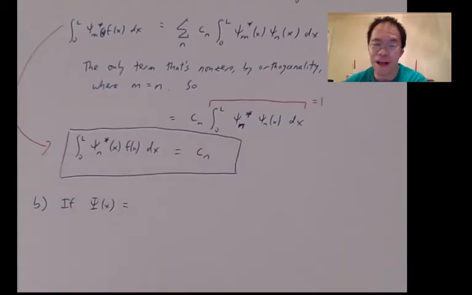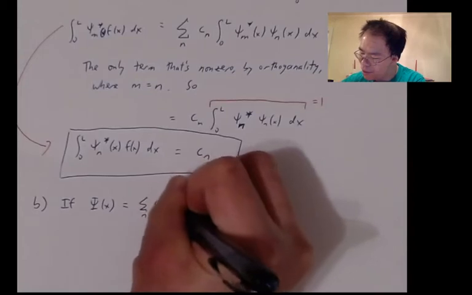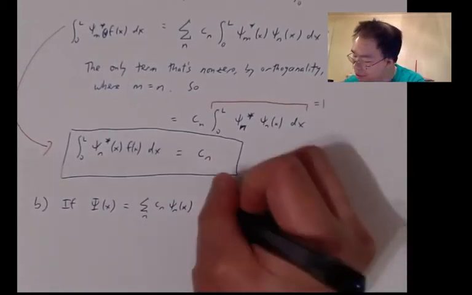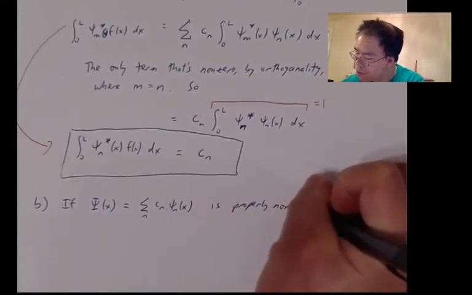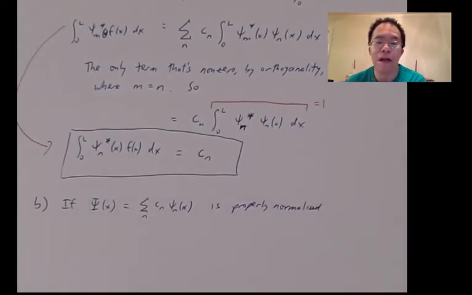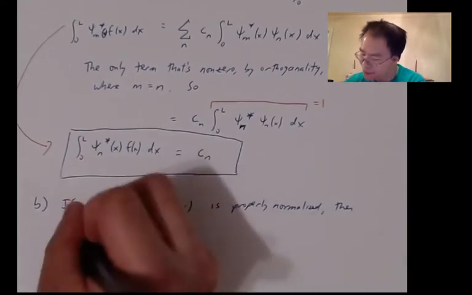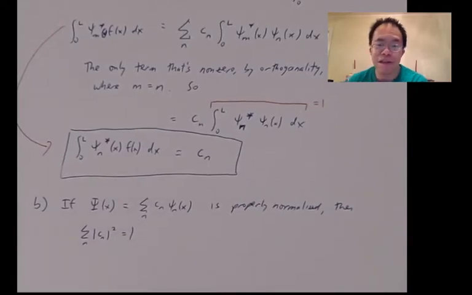If I write it as the sum of c sub n times little psi sub n, where that's a stationary state that is properly normalized, I claim that then the sum of the modulus squared of c n equals 1.